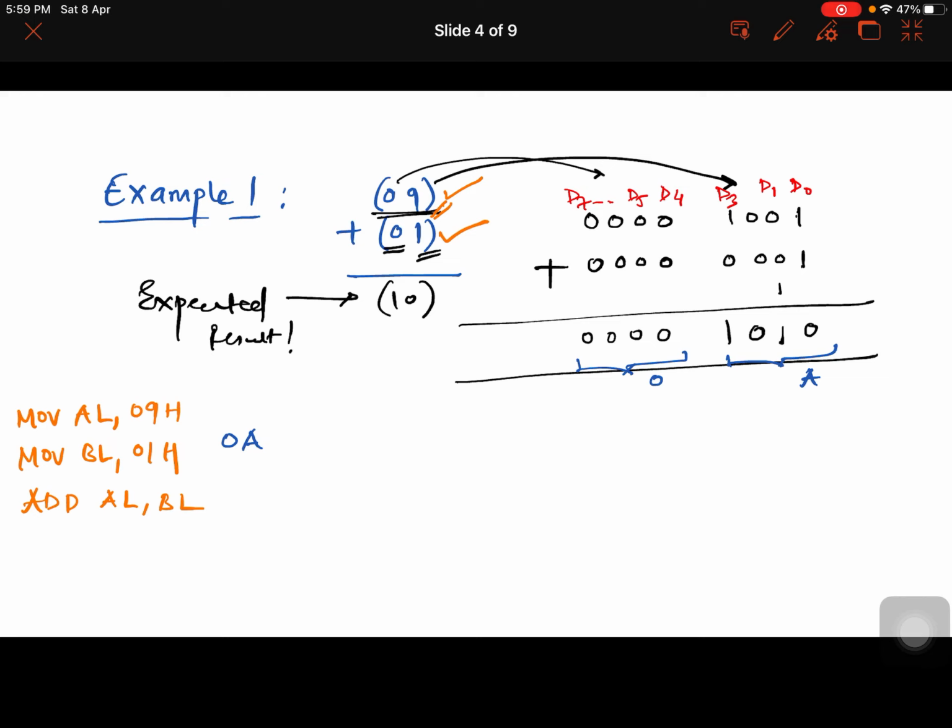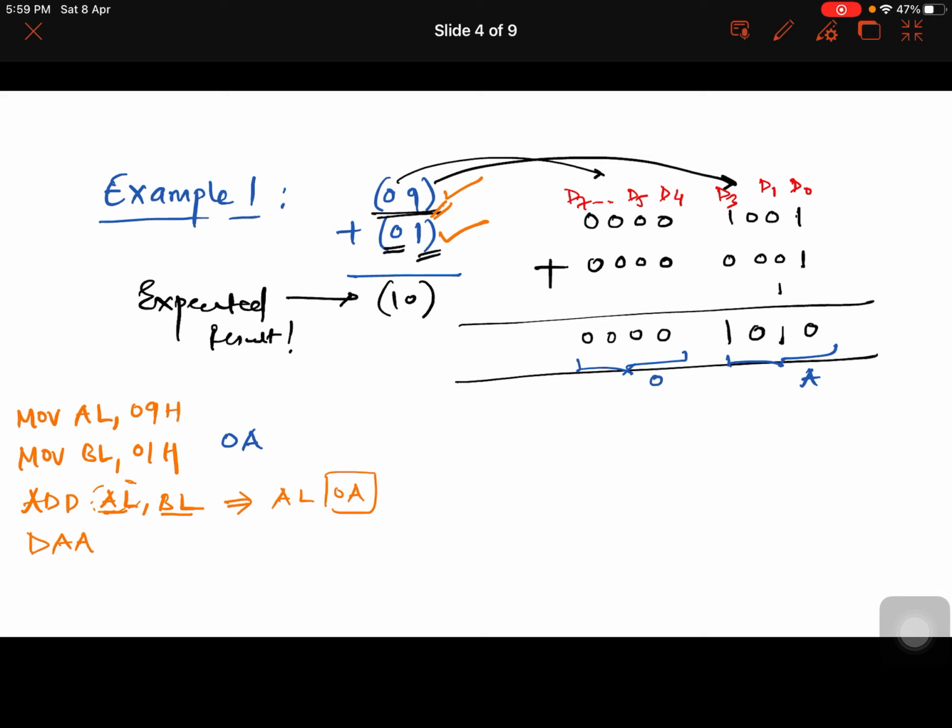It adds AL with BL and the answer gets stored in AL register. That is very important. After this, AL will have the result, that is 0A. After that, we write an instruction called DAA, which stands for decimal adjust after addition. Let's see how it performs.